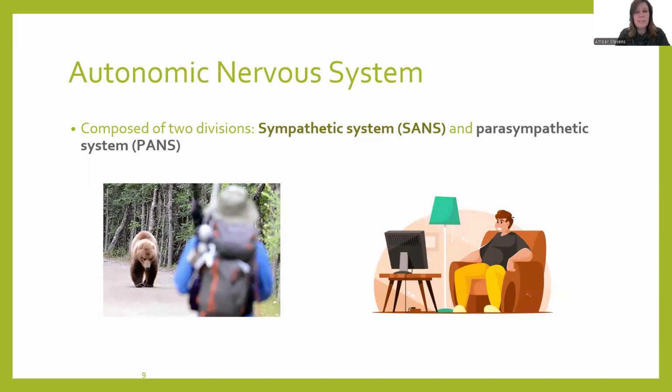So you can see the man sitting here watching TV, just resting. Maybe he's just eating after a meal, letting his food digest while he sits there and watches TV. So both divisions innervate the same organs, but produce opposite effects to help maintain that balance, or that homeostasis.